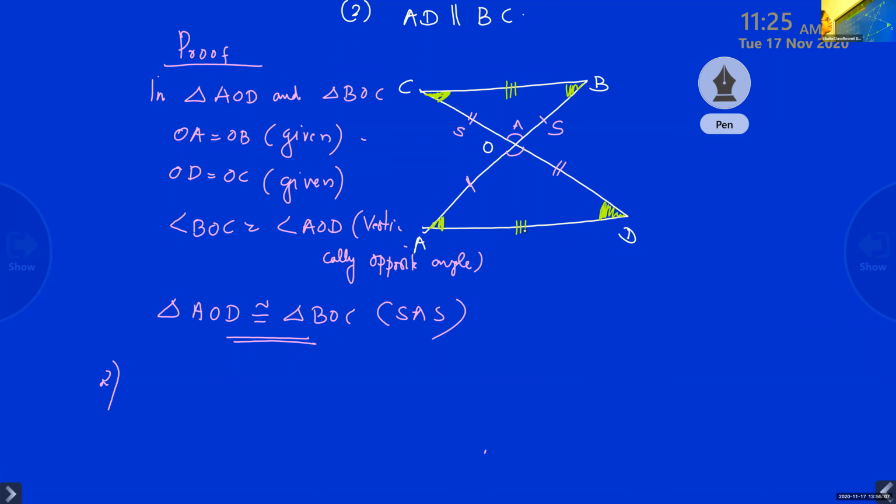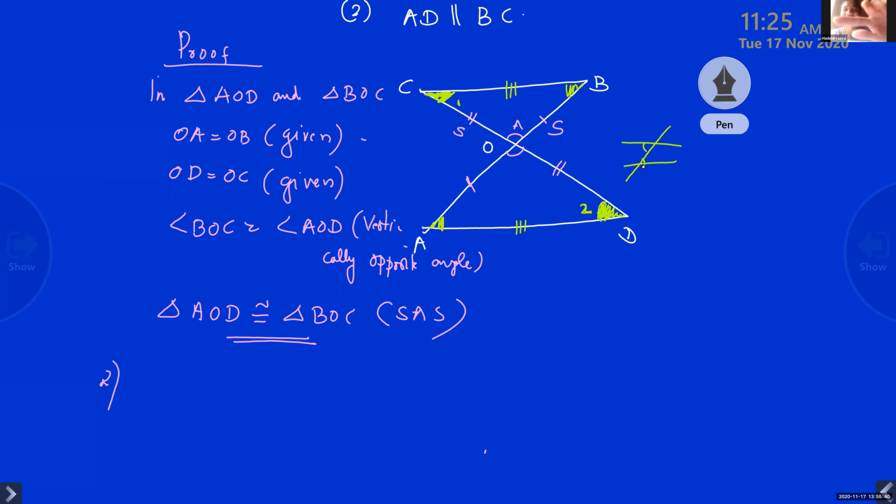And look at the second one. We have to prove that AD is parallel to BC. Clear? And look at these two angles. This is angle 1 and this is angle 2. What are the specialties of these two angles? What type of angle is it?